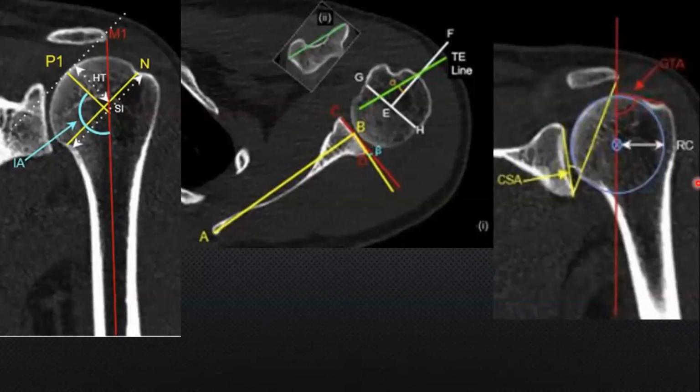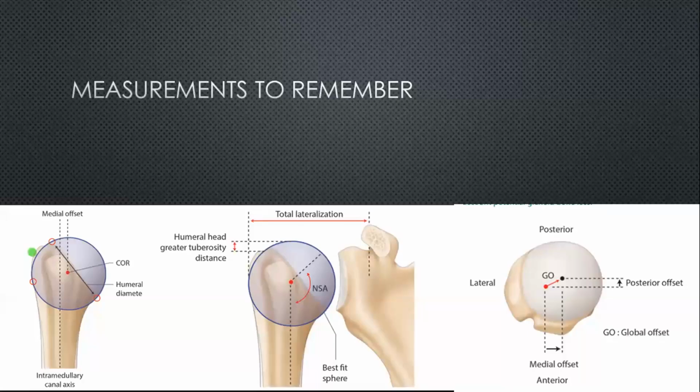There is another angle, the GTA angle, which is defined as the angle formed between the line connecting the top of the humeral head and the line connecting the top of the GT, these two with the humeral shaft axis. That shows how much the GT has to be adjusted in relation to the positioning of the implant. So these are just some of the measurements that have to be taken into calculation.